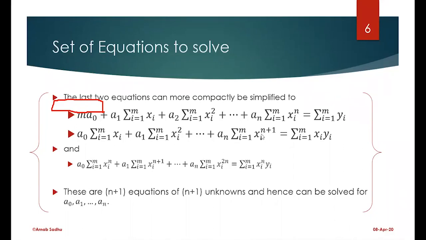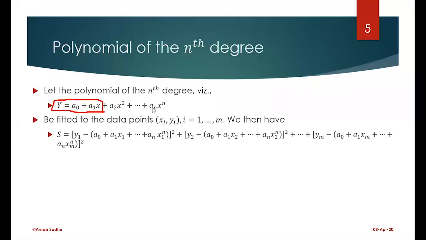Now unlike the earlier case, we will have a third equation here, another equation. So obviously we have to solve for n plus 1 number of unknowns. How many? n plus 1. Why?